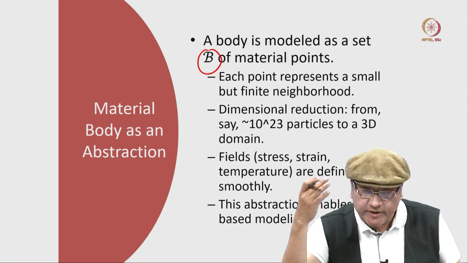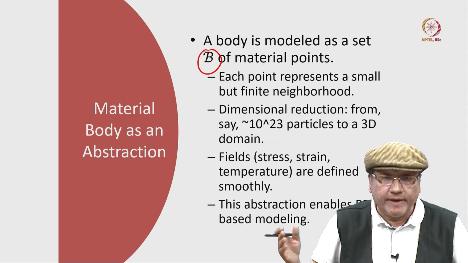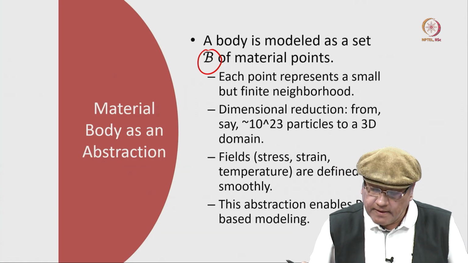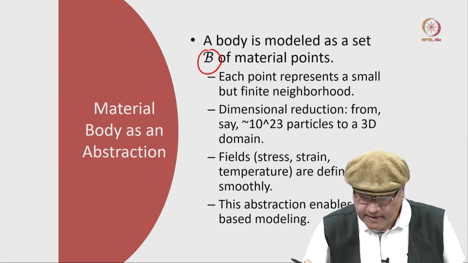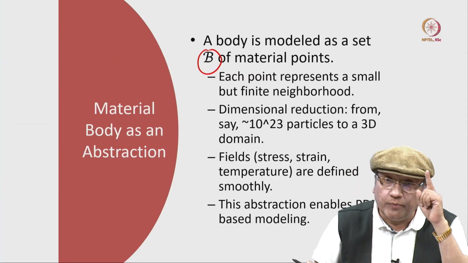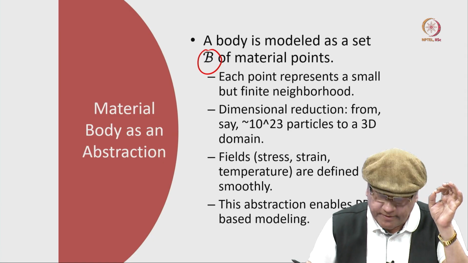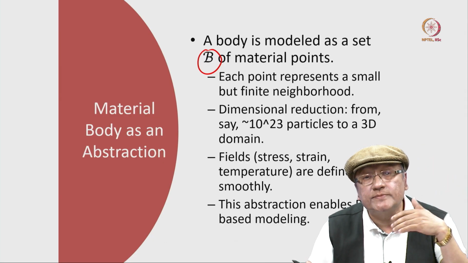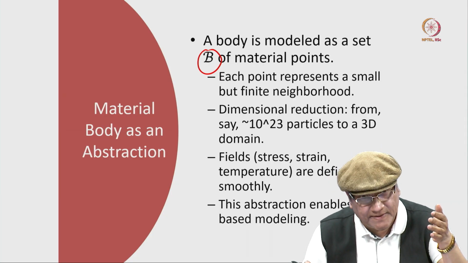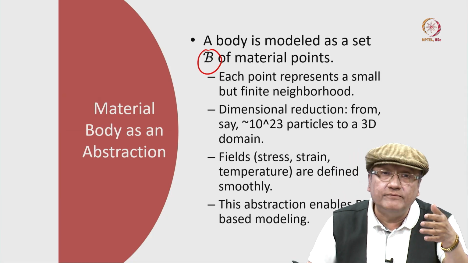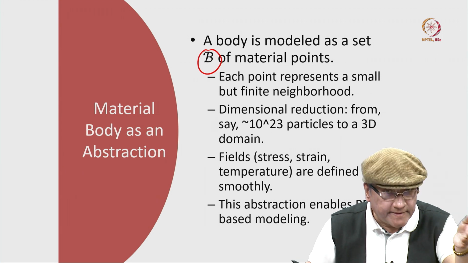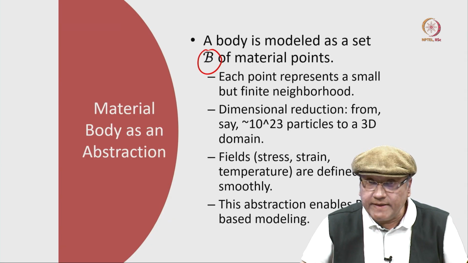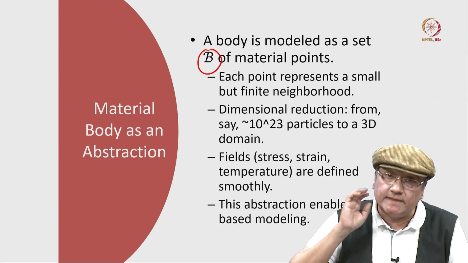You describe appropriate fields. These fields could be stress, strain, temperature, things like that. Deformation also. They are defined smoothly, and what is very important is that this abstraction enables you to write the governing equations in terms of partial differential equations, for which we have very good tools like the finite element method for discretization and numerical solution. Right. So, this is the overall setup.